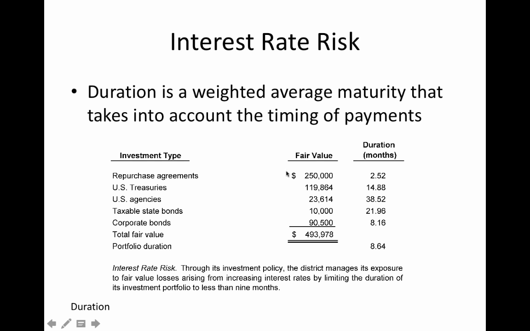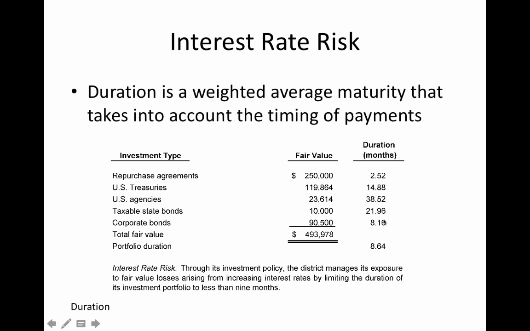Those have a duration of a little bit more than 3 years. These, 22 months, so that's almost 2 years for these taxable state bonds. Corporate bonds, 8 months, 2.5 months for these repos. And then overall, an average duration of 9 months.